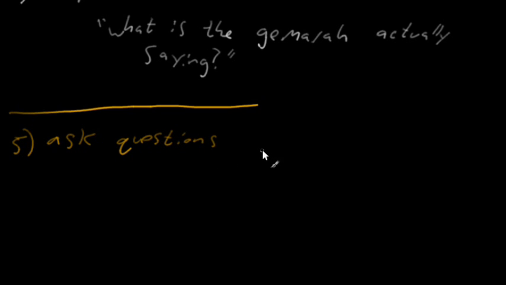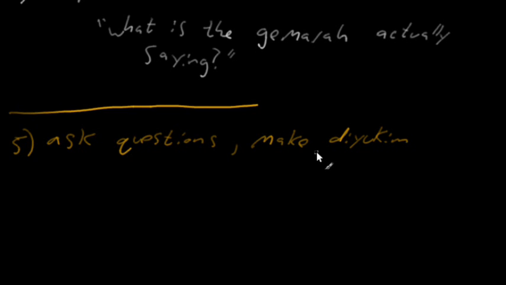Make diukim. These are inferences. You want to try and see, well, the Gemara says something, and maybe that implies something about a deeper level.